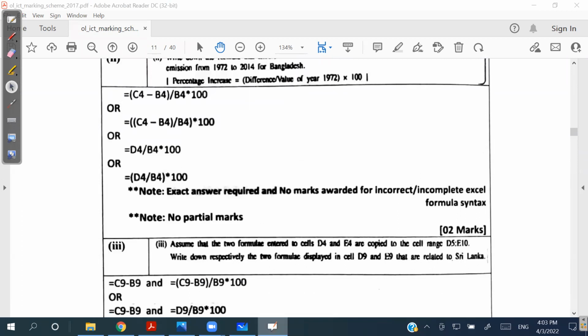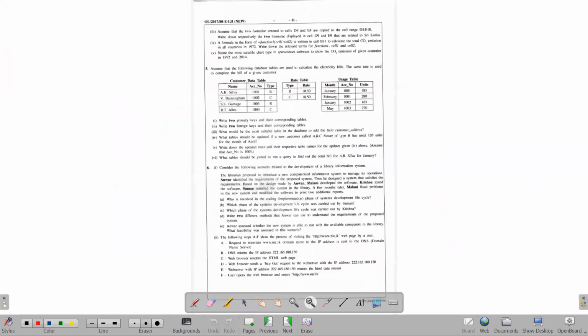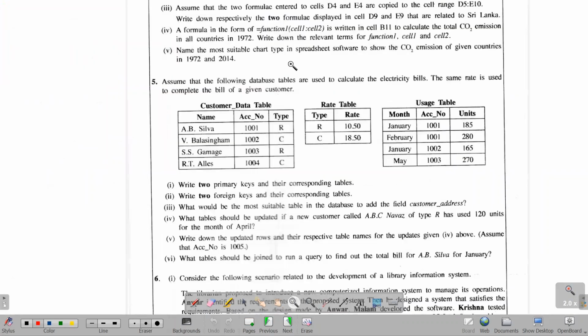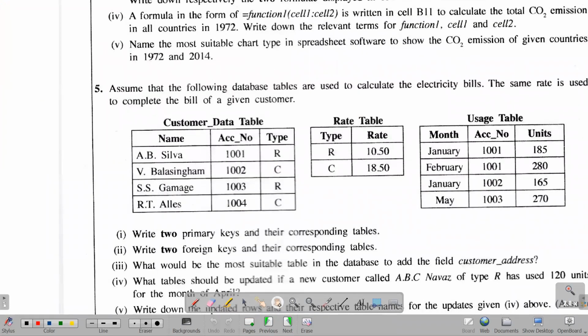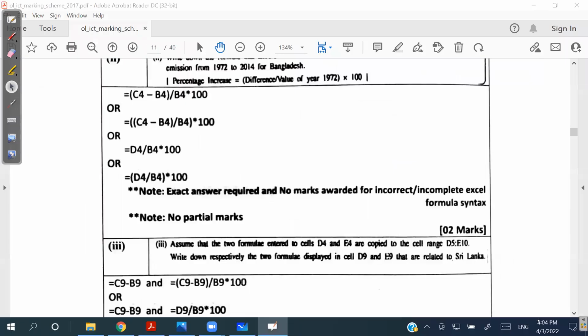So in the third part, they are asking this. Assume that the two formulas entered in cells D4 and E4 are copied to the cell ranges D5 colon E10. Write down respectively the two formulas displayed in cell D9 and cell E9. Let's go with the marking scheme.